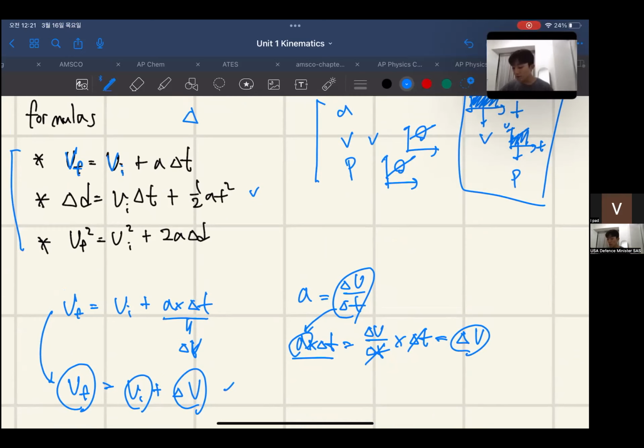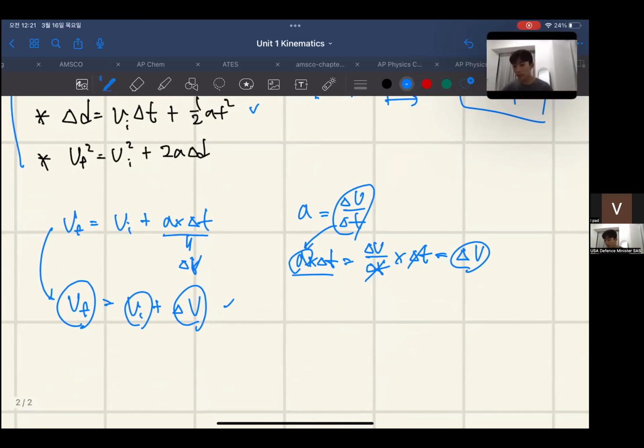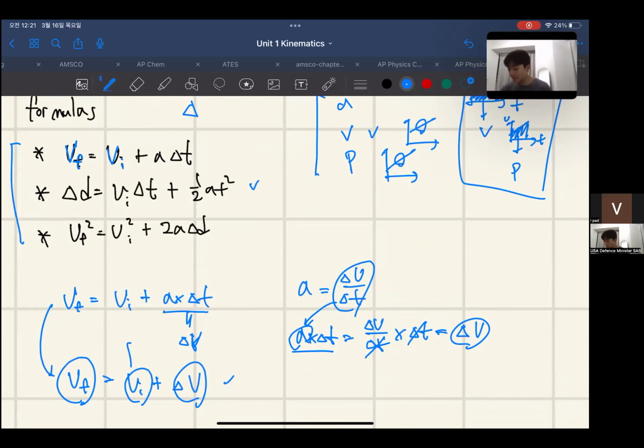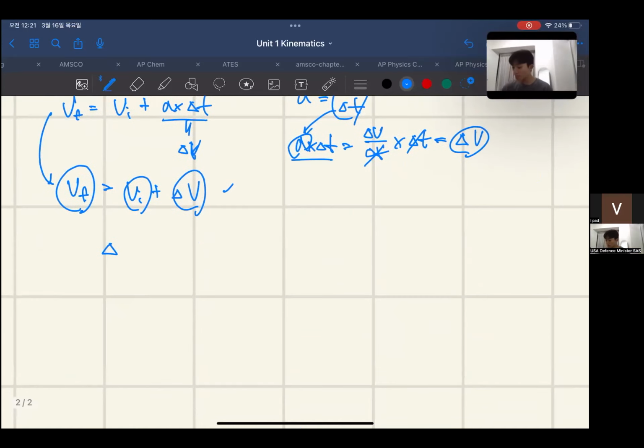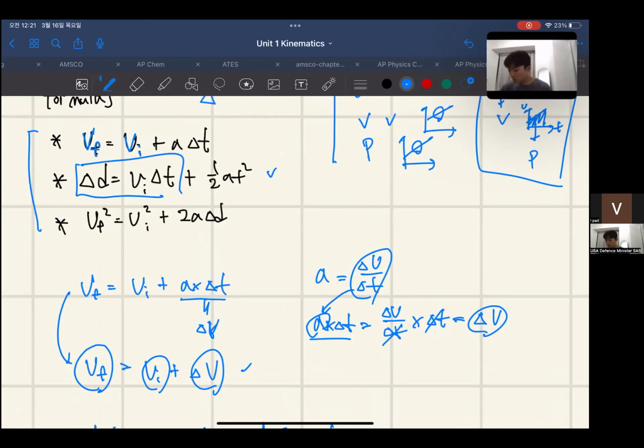First of all, we learned in elementary school, probably middle school, that delta D, or the distance moved, is velocity times time, which is literally this part.